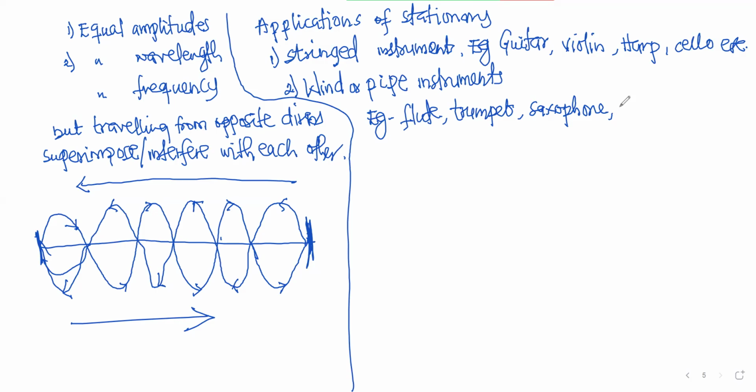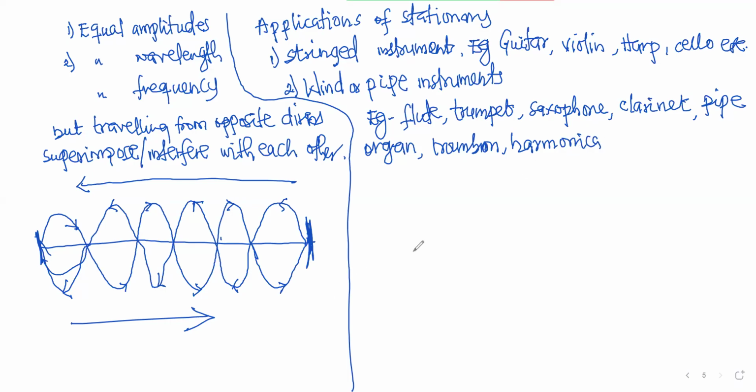Clarinet. Help me spell it, C-L-A, clarinet. Is that it? Yes, it is. Then the pipe organ. Trombone. Then the harmonica.